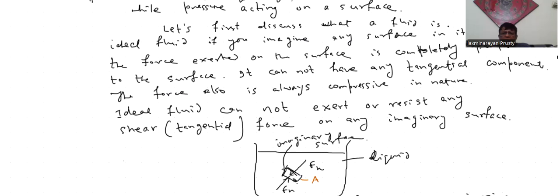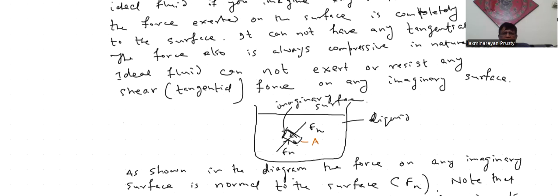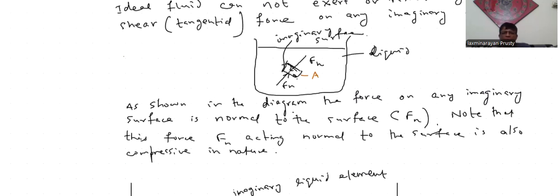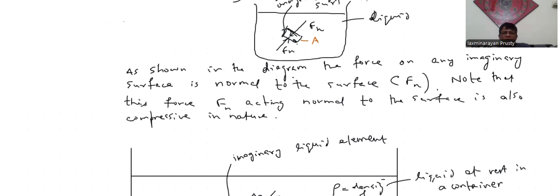Am I clear? That's why if we break open a container, the liquid will simply flow out in all directions, because on any imaginary surface there won't be any resisting tangential force to stop its flow. So as I told you, on this surface there is only normal force, and that force is compressive in nature.